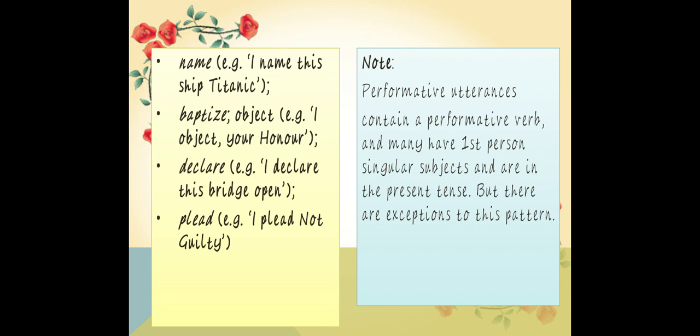So besides containing a performative verb, a performative utterance is also marked by a first person singular subject. The characteristics of performative verbs are that they are verbs that describe actions carried out by speakers, and they are used in the first person singular, simple present, indicative, and active.